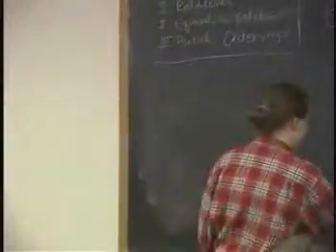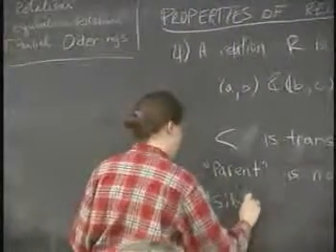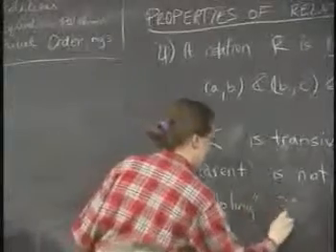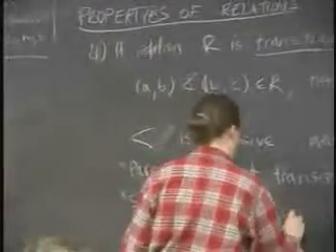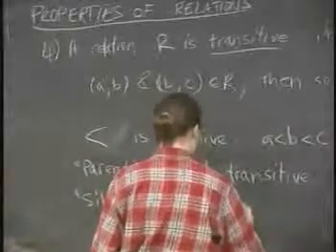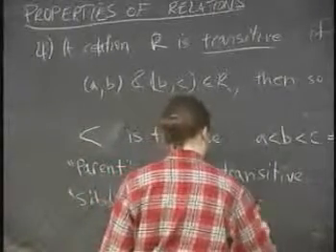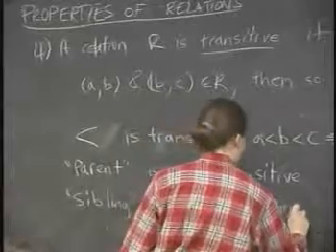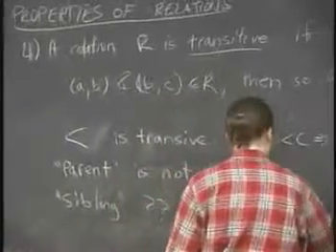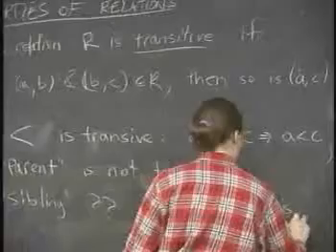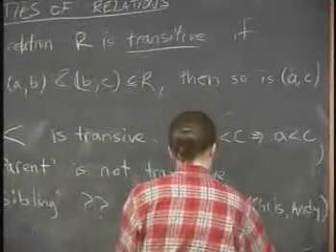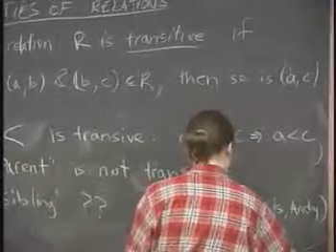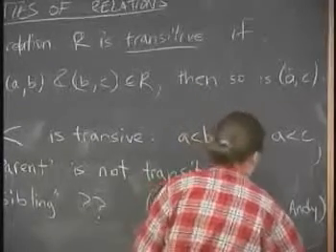So sibling, question mark. Because in this case we could have Andy-Chris and Chris-Andy, and this would imply Andy-Andy.